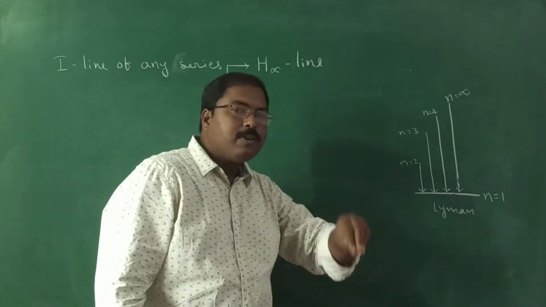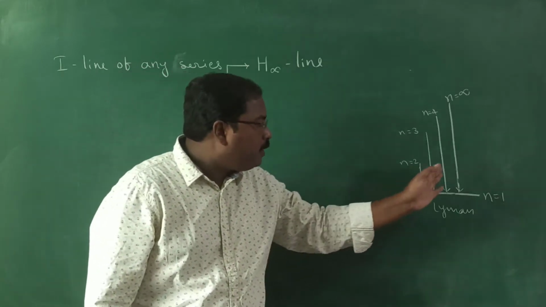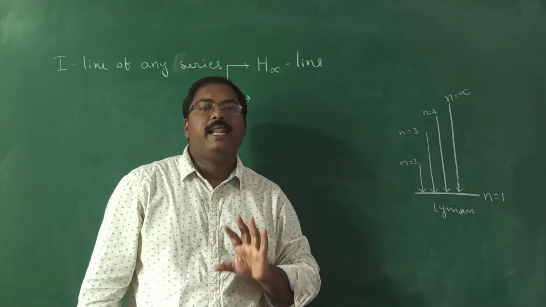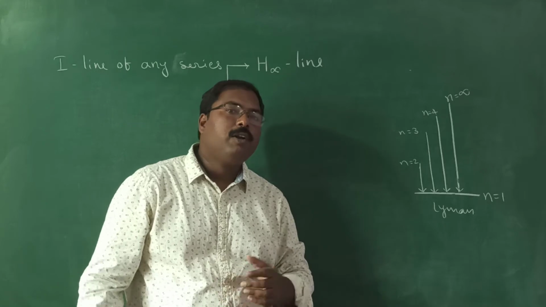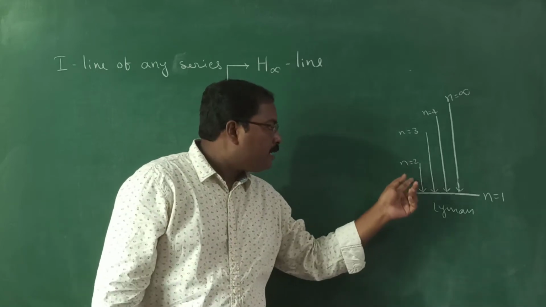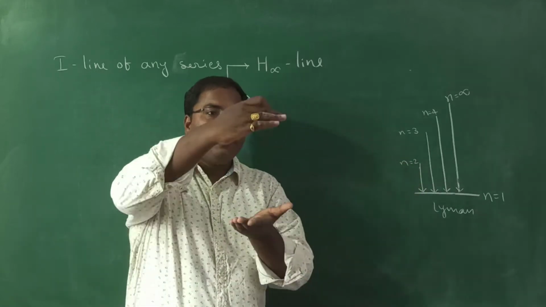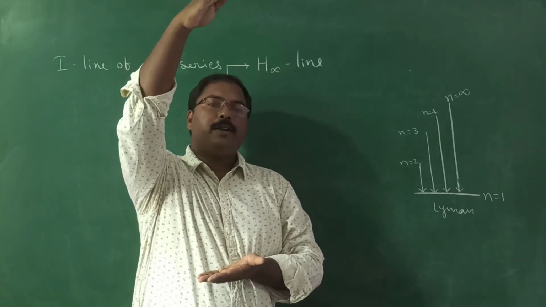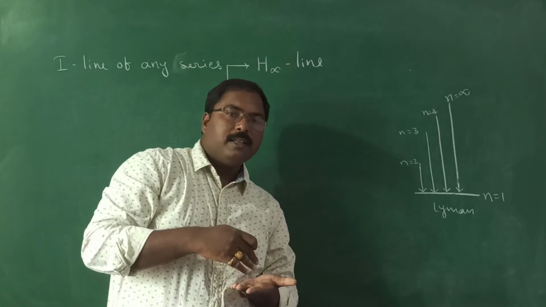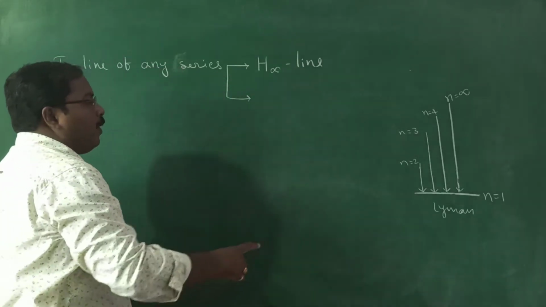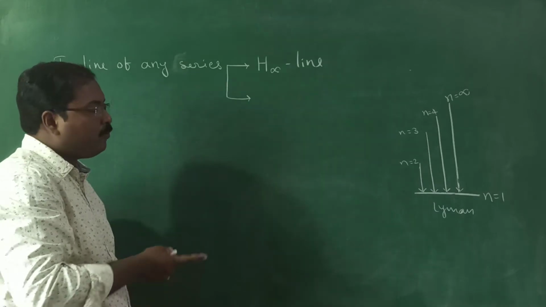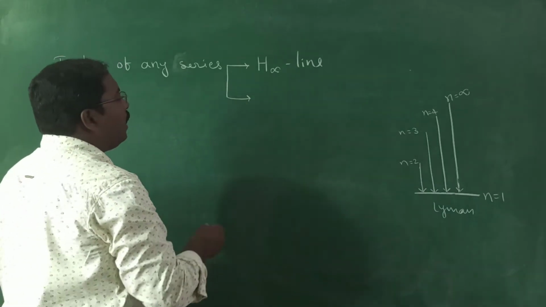So, if I ask a question that, out of these series of lines, which line is having lower energy, what will we say? Simply, less energy gap. Second to the first means it definitely releases less energy when compared to 10 to 1. Correct? Got it?